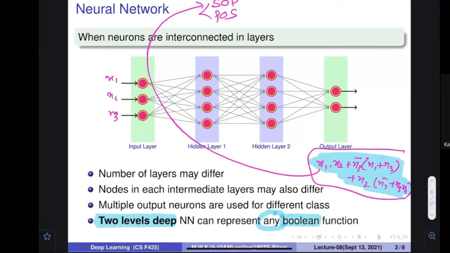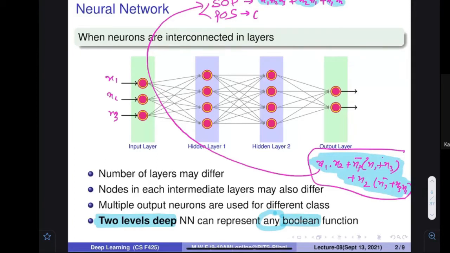In the SOP form, it is a sum of product. So I say that there would be x1 x2 x3 plus x2 x1 bar plus x3 bar x2, like this. The individual terms would be multiplication. Multiplication means AND, and plus means OR.